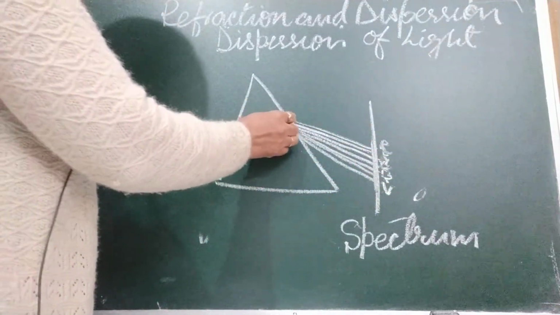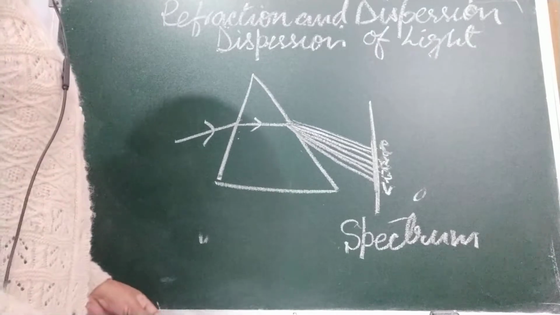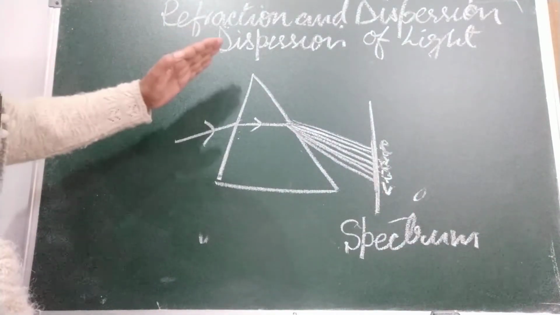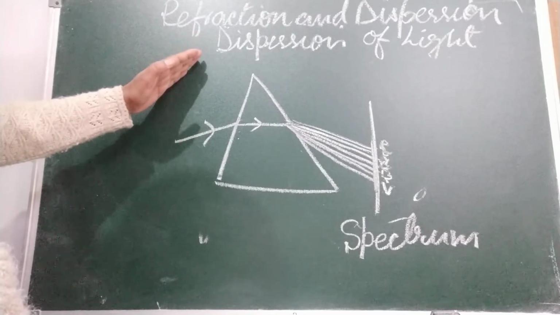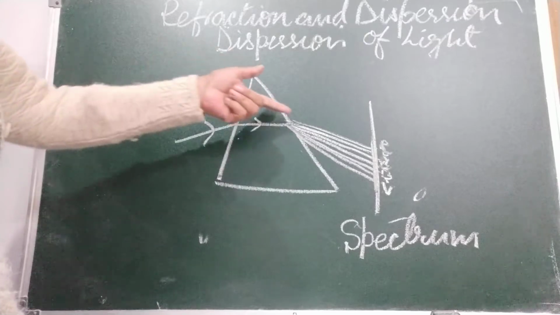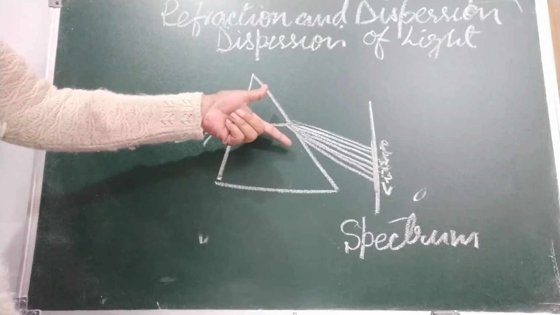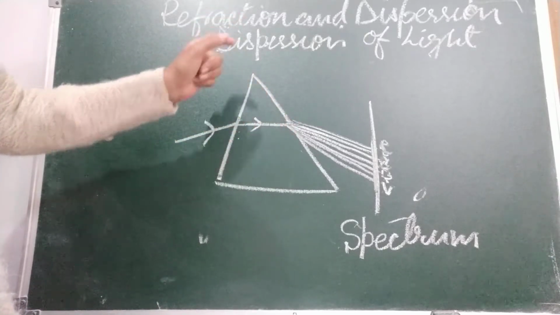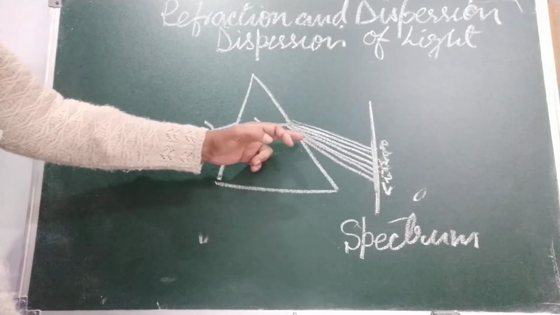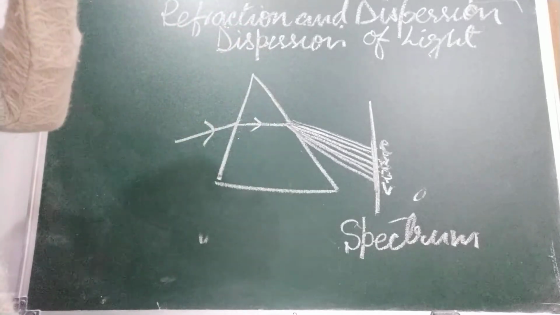But why did it split? The reason for dispersion is that a transparent medium like a prism bends different colors of light by different amounts. The deviation is maximum for violet and minimum for red.